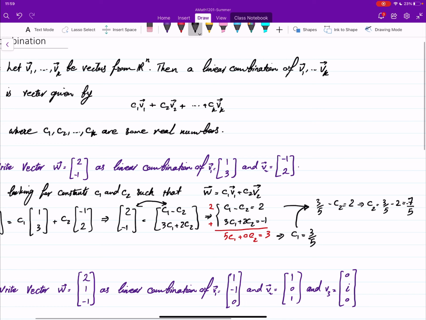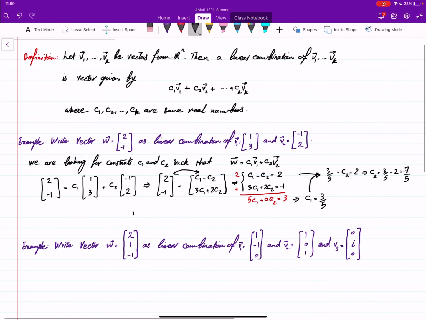Now we found two constants, c1, c2, such that w is c1, which is 3 over 5, times v1 plus negative 7 over 5, or I'll write it as minus 7 over 5 v2. And that's how we write w as a linear combination of v1, v2.